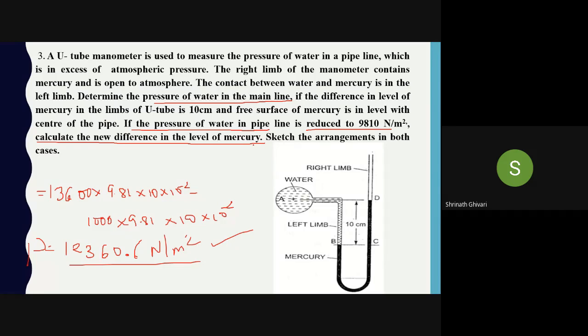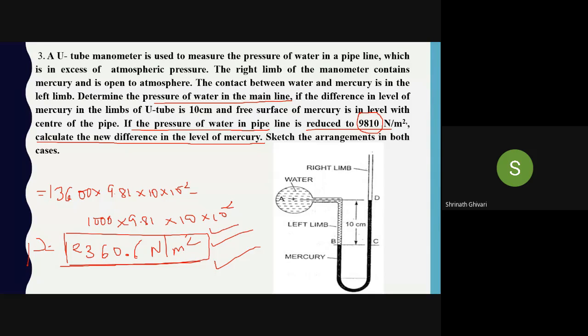It means that I have got this pressure, 12360.6 Newton per meter square, of this water. The second part of the question is saying that if I reduce this pressure to 9810 Newton per meter square, how much do you get?